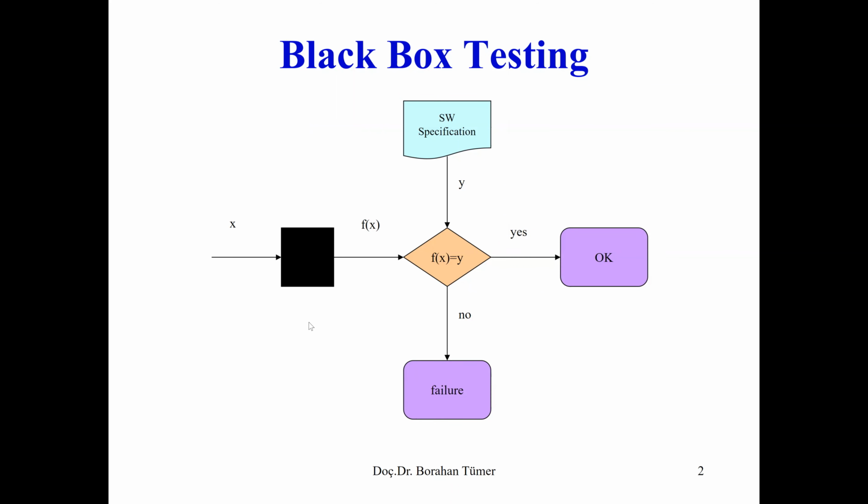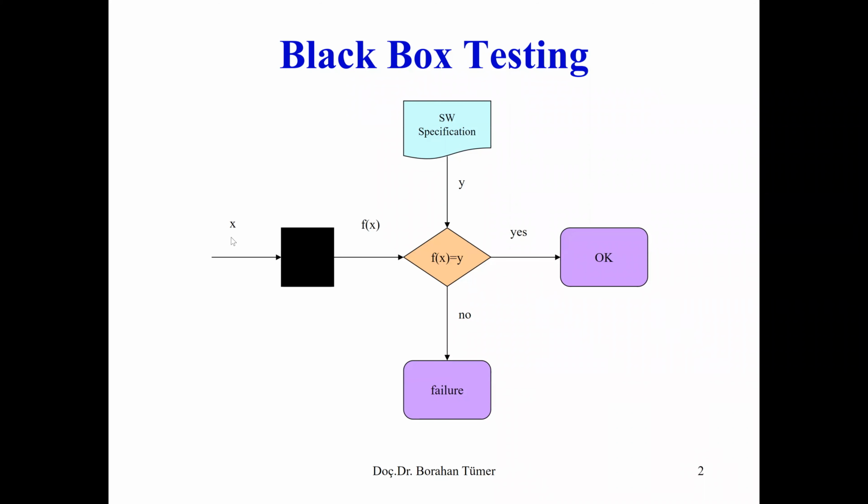So it is for us only an executable. This executable, this program is given an input X, and whenever it is presented an input X, it provides an output f of X. So this is how we should see the program or the software product that we are testing.